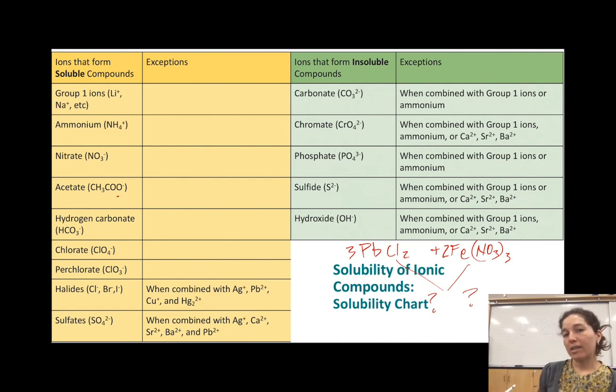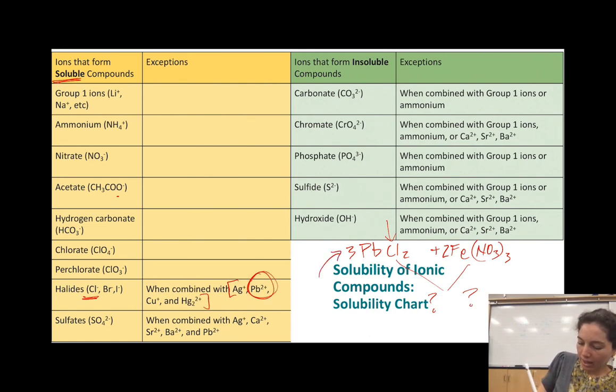In order to figure this out, we need to look at our anions. Our first anion here is chloride, so we're going to check out chloride over here. It's soluble unless it's combined with one of these exceptions. And for us, fortunately, it is. It's combined with lead, so that's definitely our solid. If we want to check out iron, we need to look at our nitrate. There are no cations really on this chart except for ammonium and these here, it's mostly anions.